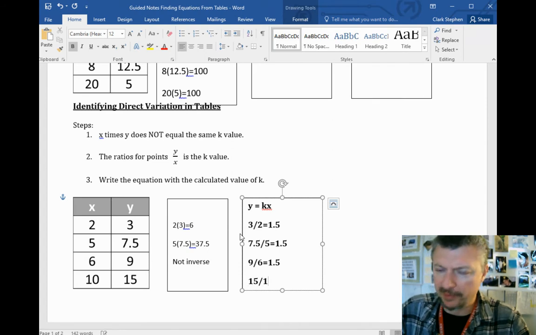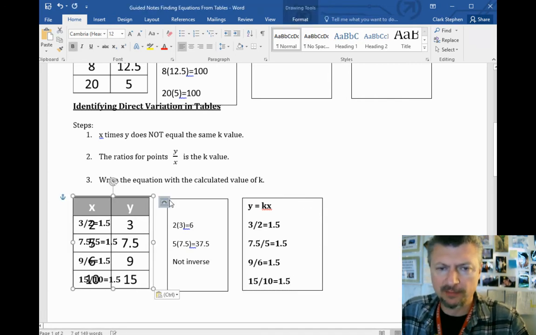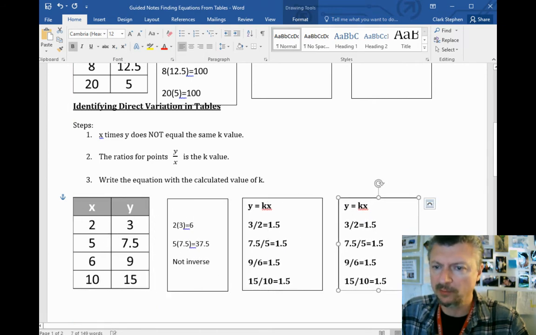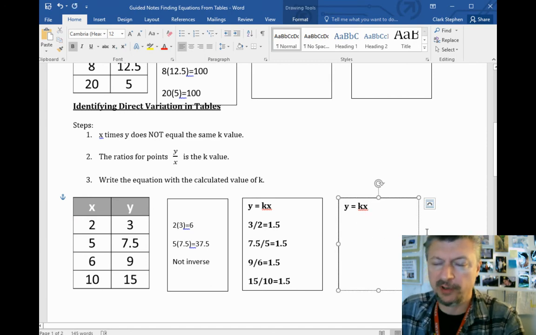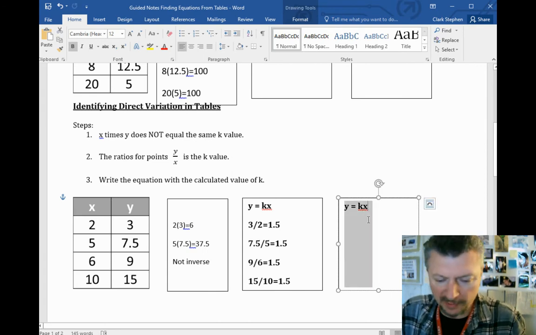And 15 divided by 10 equals 1.5. Okay, it equals the same thing every time. You may have guessed by now that our k is going to be 1.5. So in the direct variation equation, you have y equals kx. Make it a little bigger, make sure you guys can all see this.